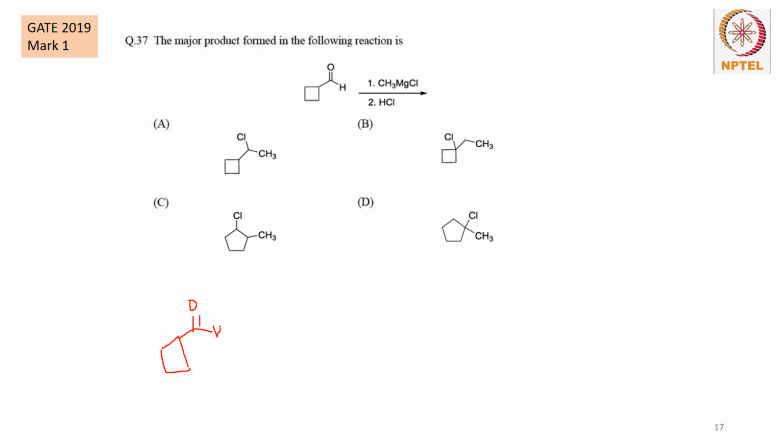See, whatever you know, this is here. This is a Grignard compound. In case of Grignard, this is negatively charged and magnesium is positively charged. So here the nucleophile is CH3 minus.